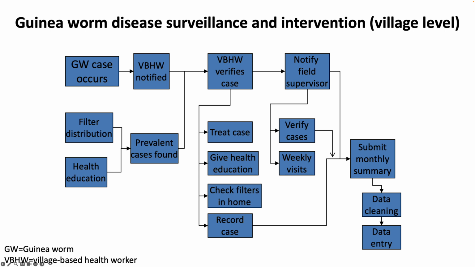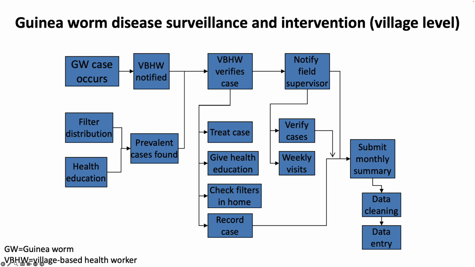The village-based health worker then goes to the village to verify the case of guinea worm. If it is a case, they would administer first aid, and they would also give health education to the individual and to the household, and maybe to some of the surrounding households. They would also look in the home to see if they had water filters available so that they could filter their water. Importantly, the village-based health worker would record information on each case in their register, which would be submitted as part of a monthly summary that goes in for tracking and surveillance.